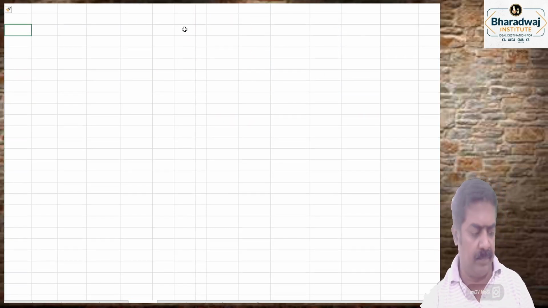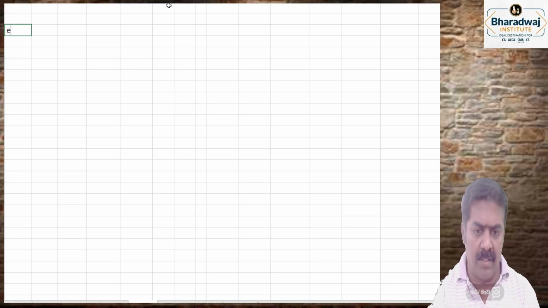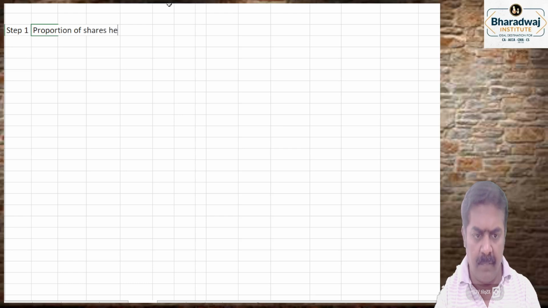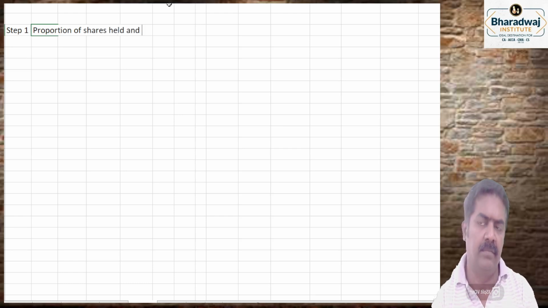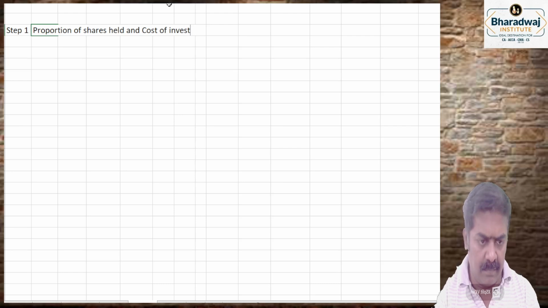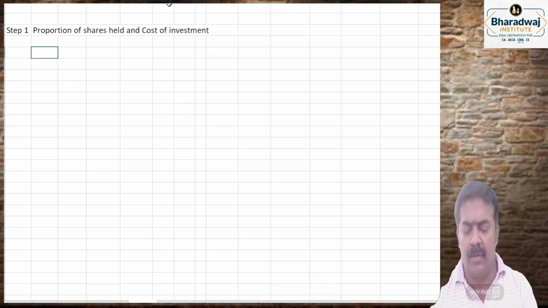Shall we? What is step 1? Proportion of shares held and cost of investment. What is the proportion of shares?